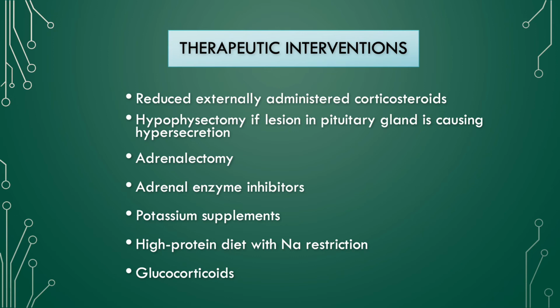Management of exogenous hypercortisolism involves optimization of glucocorticoid dose and route. Glucocorticoid sparing agents are used to minimize the glucocorticoid dose. Adjunctive treatments aim to reduce the effect of glucocorticoid treatment.